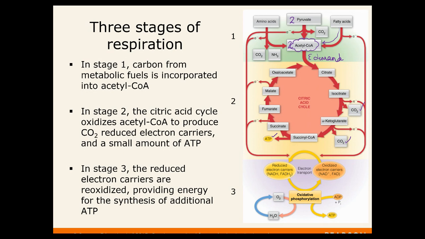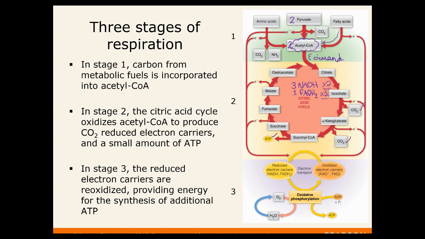And, not shown directly, you actually make 3 NADHs every time you churn around. So 3 times 2 for the 2 acetyl-CoAs going around. You also form 1 FADH2, times 2 because it's churning around twice.